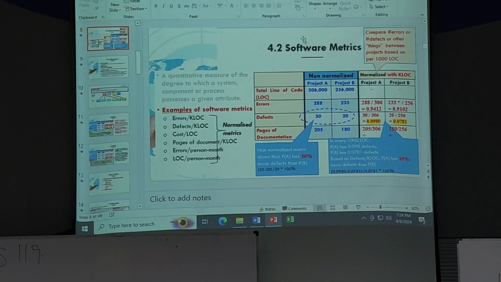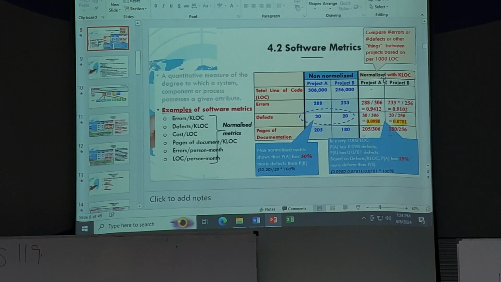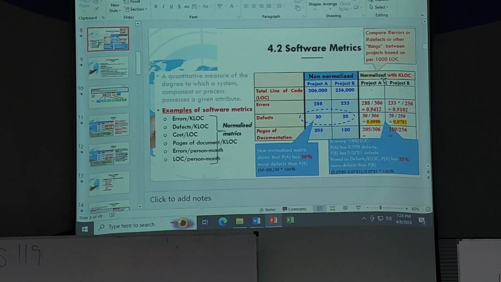Measurement is a measurement. It's good to normalize what you have measured to do a fair comparison.